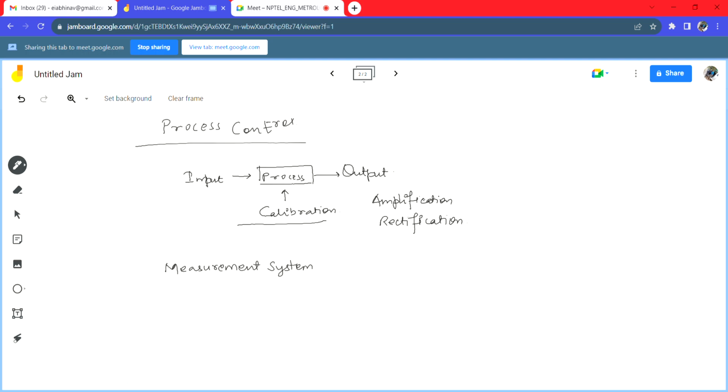In the previous class we have seen that a measurement system or a measuring instrument has two outputs that we have classified as true value and measured value.